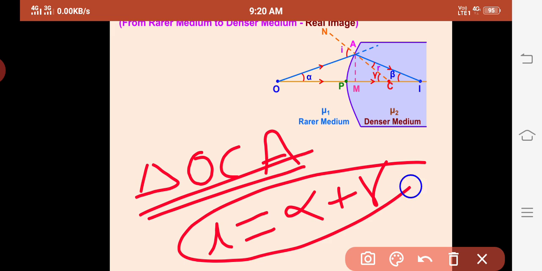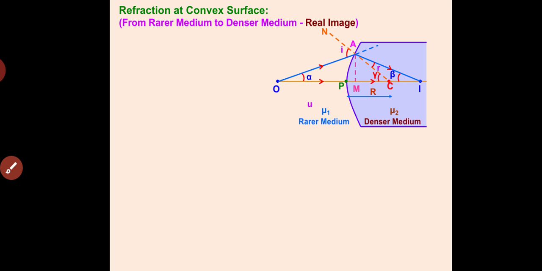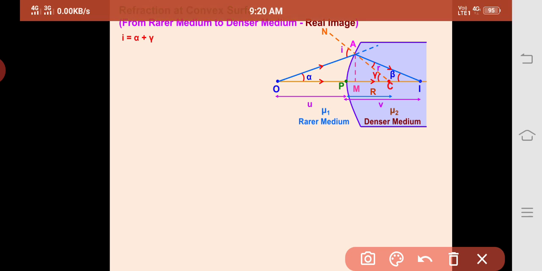In a similar way, we can find the value of angle r also. Look at these equations. i is equal to alpha plus gamma. This value is taken with the help of triangle OCA.